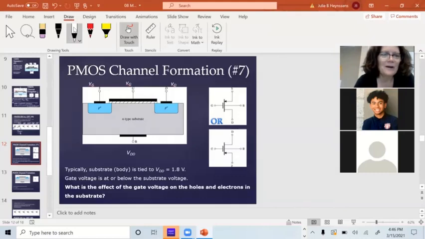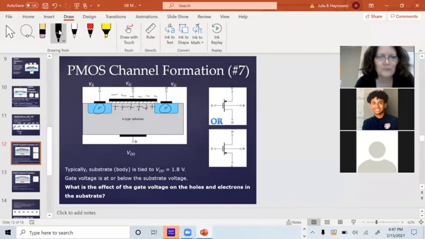Okay, so for PMOS, for the channel to form, I need to form a P channel down here. I've got two P plus regions. In order to get a path for current to flow, I'm going to need to draw positive charge into the channel, which means I'm going to need negative charge on the other side of that gate capacitor, which means my VGS must be less than 0.